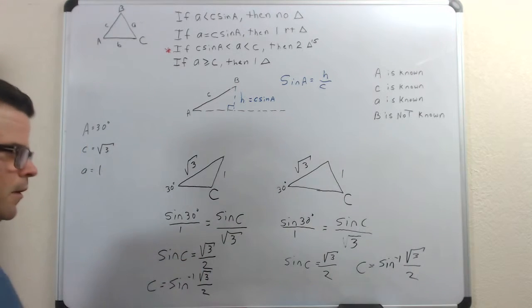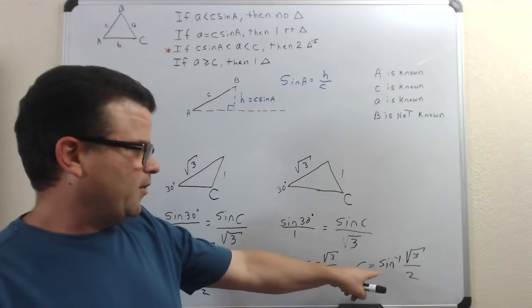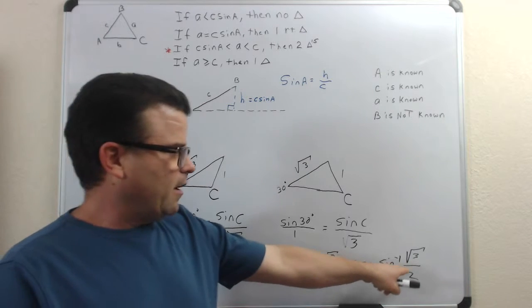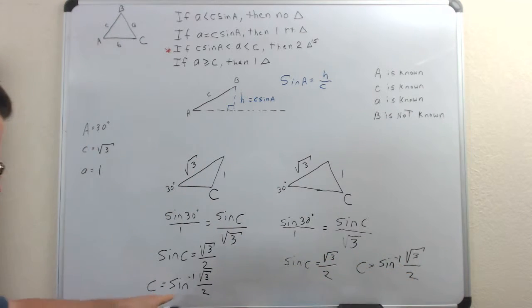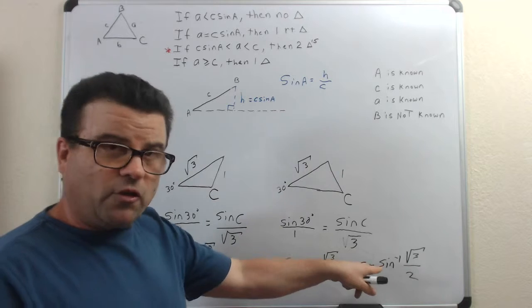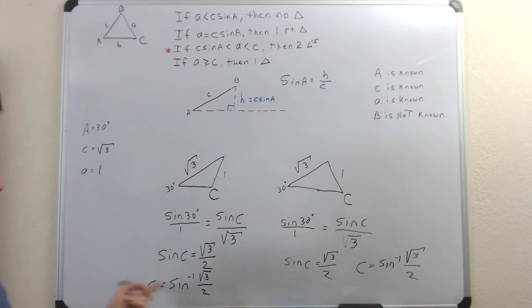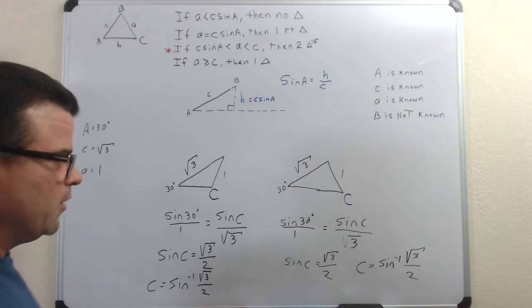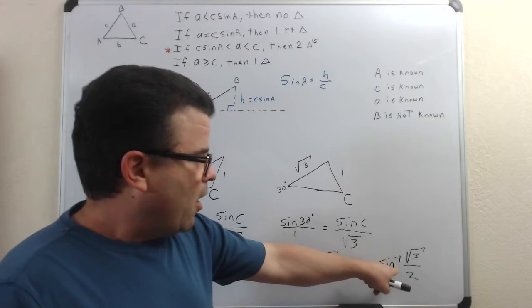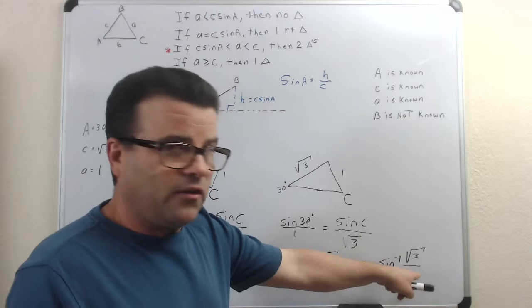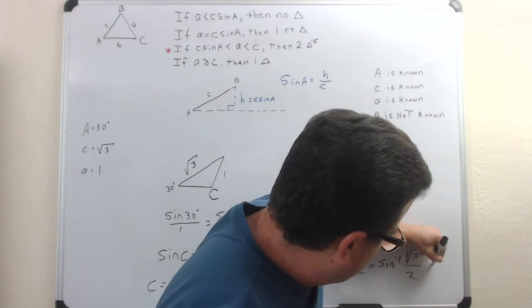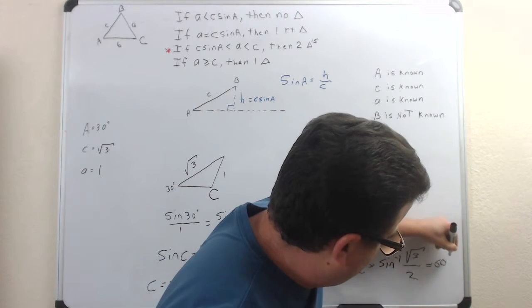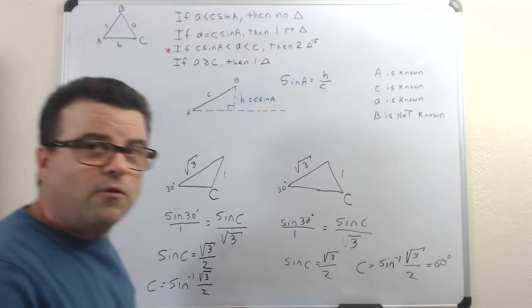But wait a second. I got C equals arcsine of root 3 over 2, and C equals arcsine of root 3 over 2. It looks like C is the same angle, so how can one of them be obtuse and one of them be acute? Well, arcsine of root 3 over 2 is 60 degrees, so C equals 60 degrees.